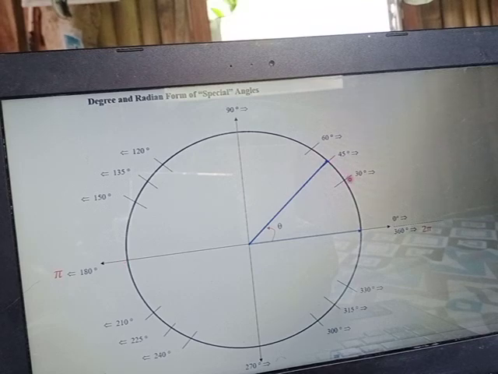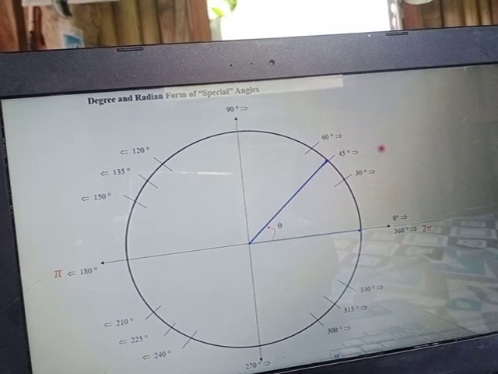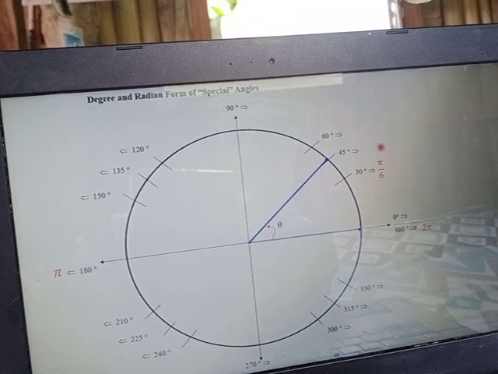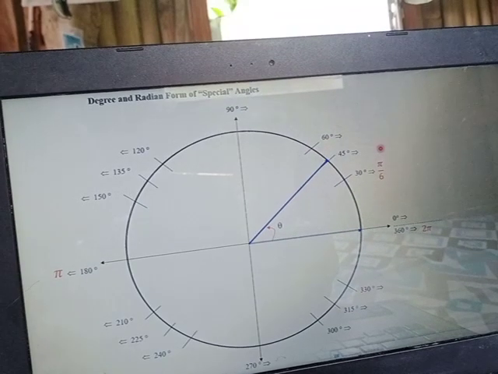We have 1, 2, 3, 4, 5, and 6. So therefore, 180 divided by 30 is equivalent to 6. So therefore, 30 degrees is equivalent to pi over 6.